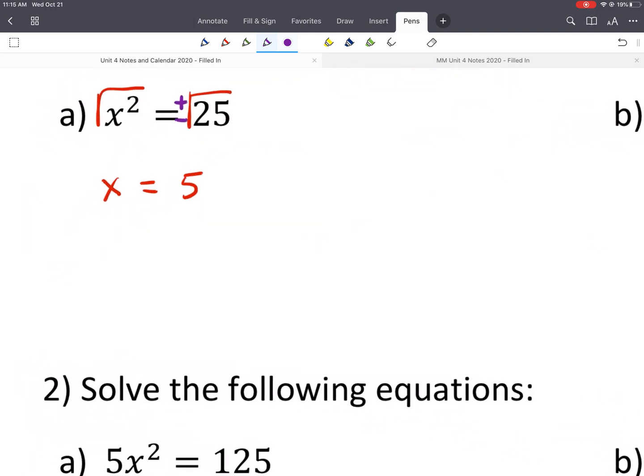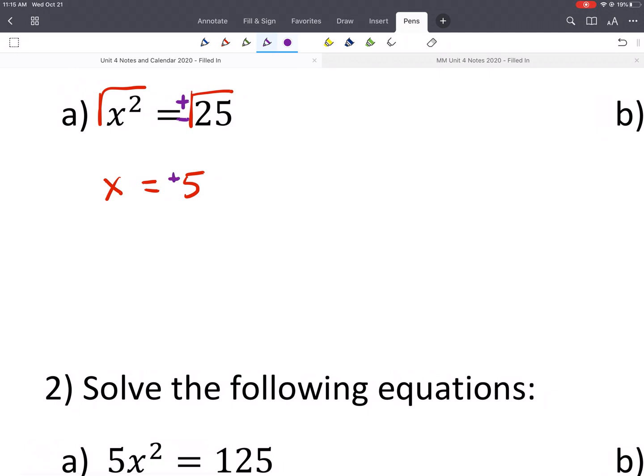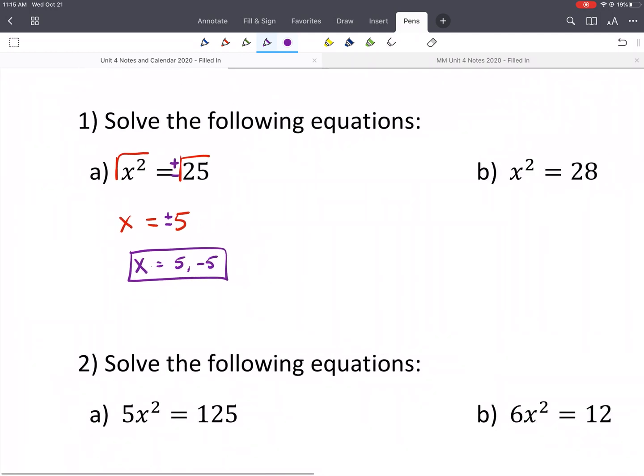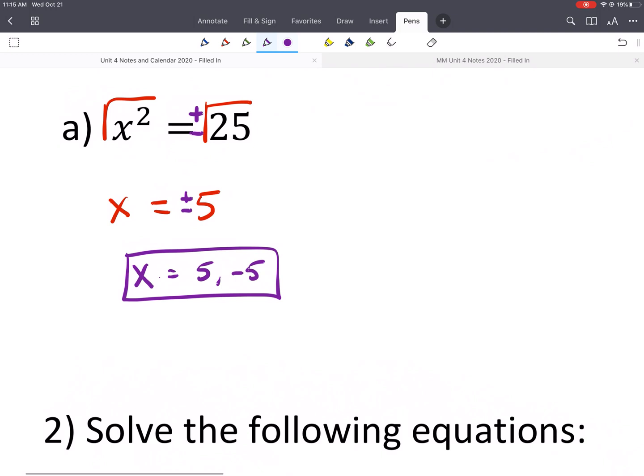So that would give us plus and minus 5, or how I would prefer you write your solutions, x is equal to 5 comma negative 5. So we do have 2 solutions. How does that make sense? If we had 5 squared, that does give us 25 if we plug that back into our original equation.